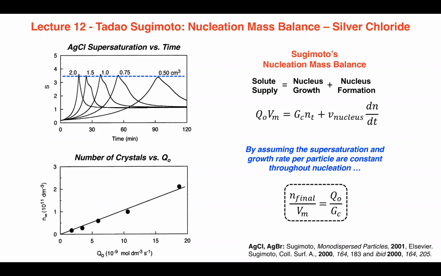Fast supply kinetics. The other side of the coin is that if the crystals grow really well, if they grow quickly, this is an important thing to remember. If the crystals grow quickly, you will not produce very many, because the crystals that are present are sufficient to consume the solutes.